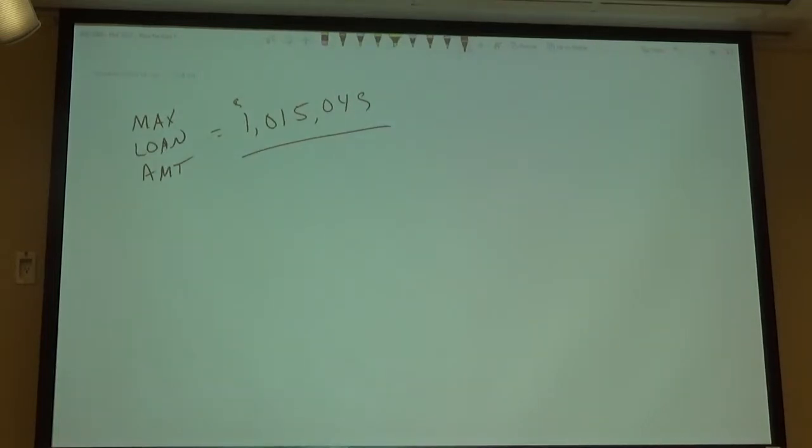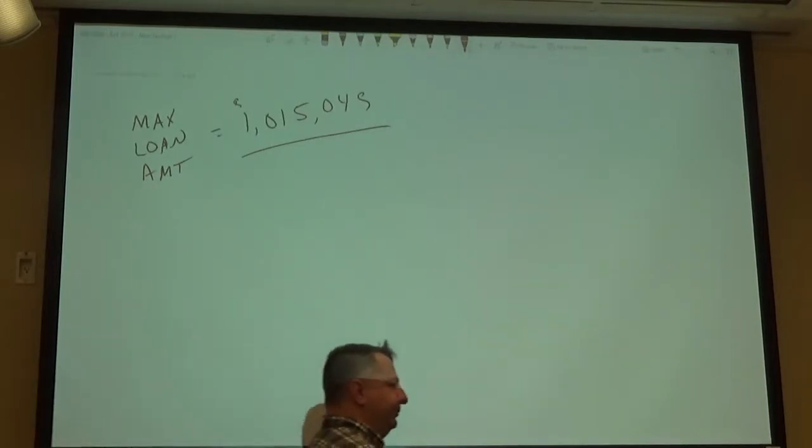I just want you to think about this for a second. Not necessarily. This is all about the financing of the property, okay? This is not about the actual market valuation of the property. In essence, this is the maximum loan amount you could get based upon the lender criteria, okay?